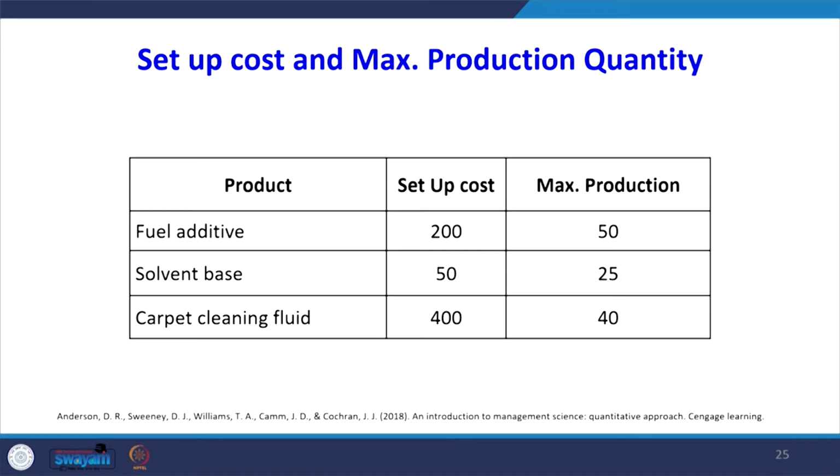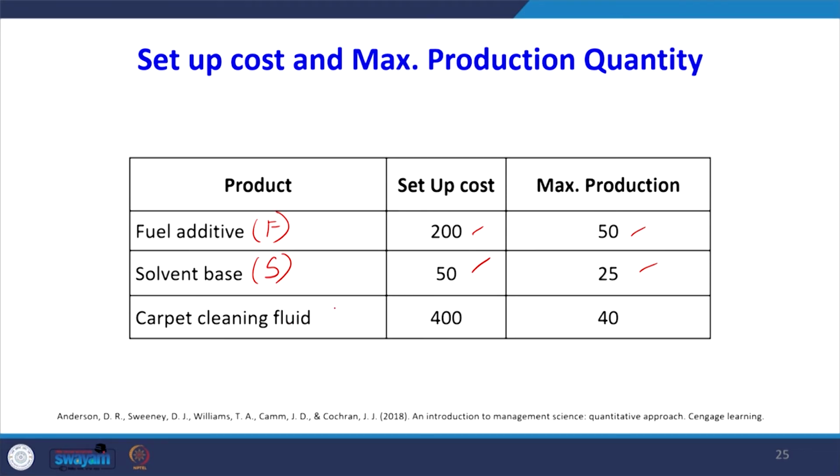Now, look at this: a fixed cost is given and the production capacity is also given. For the fuel additive, that is F, the setup cost, the fixed cost, is $200 and the maximum production quantity is 50. For the solvent base, the second product, the fixed cost is 50 and the maximum production quantity is 25.